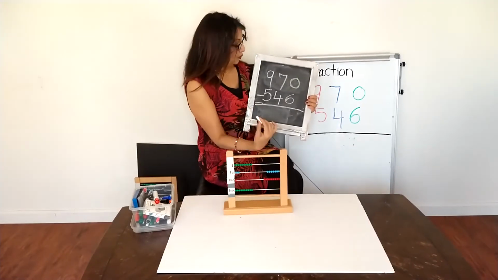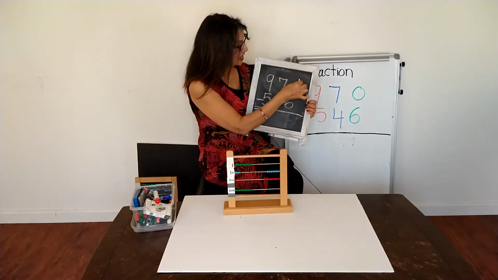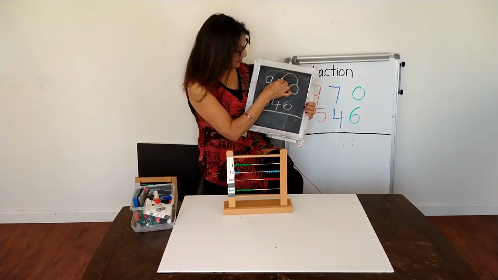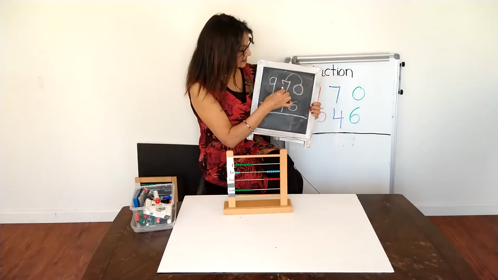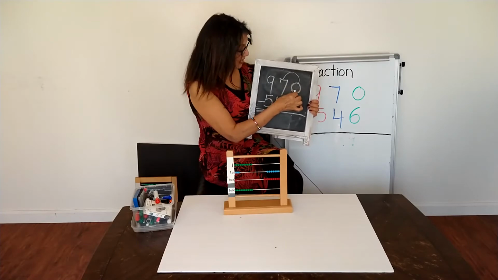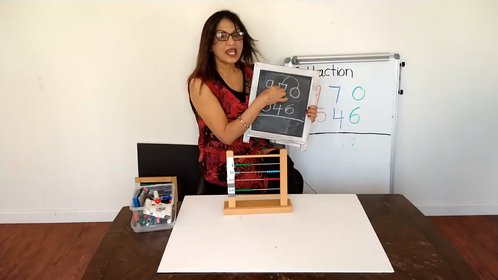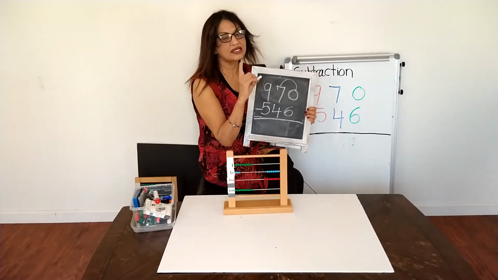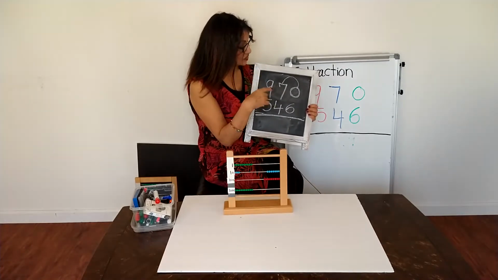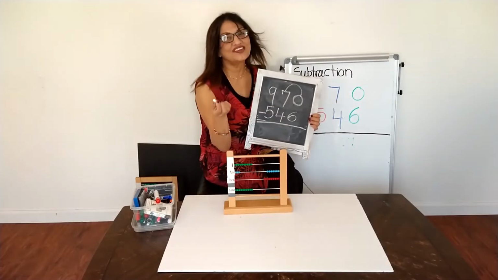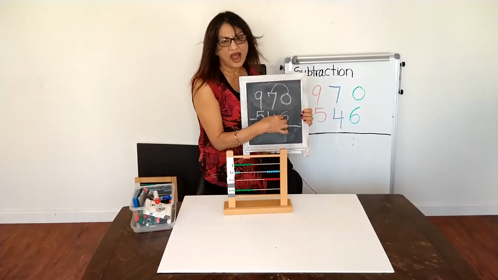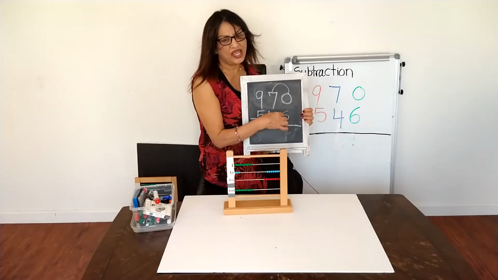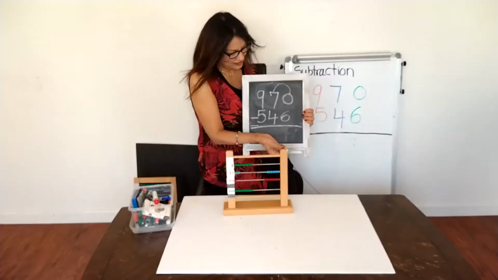The 0 will go to the next category, which is 7 tens. So 0 said to the 7 tens, can I have 1 ten? 0 said I have to give away 6, but I am 0. I could not give away because I have nothing.